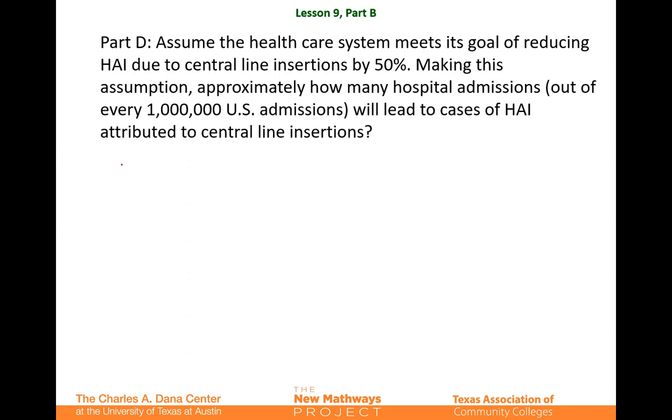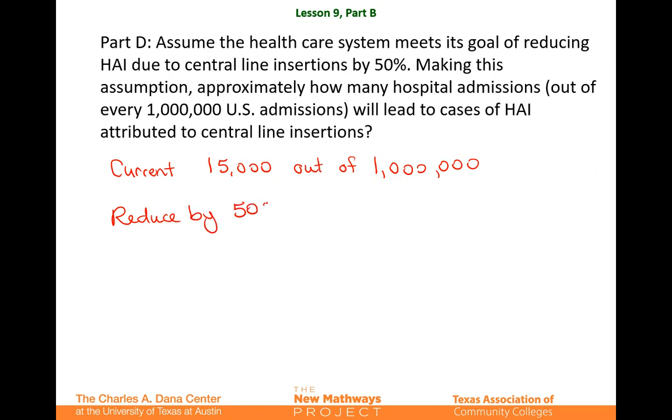Well, our current was 15,000 out of 1 million. If we want to reduce that by 50%, we need to understand that 50%, you should know this by heart, is just 1/2. You want to cut the infections in half. To cut something in half, you can do it a couple of ways.